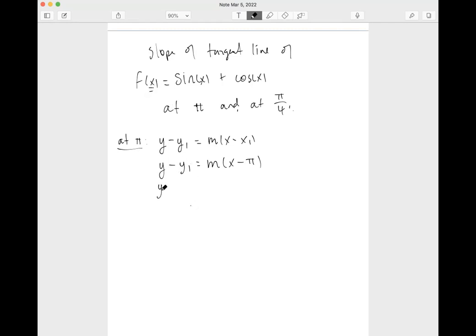Yeah, so y minus f of pi. And what's m? What is the slope? No idea. That's where the calculus comes in, right?